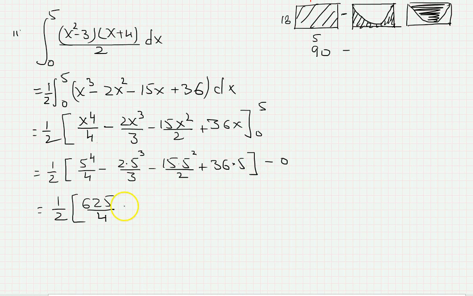This positive value is plus 36, this is 180 minus, now these are negative. 5 cube is 125 times 2 is 250 over 3, and plus 5 square is 25 times 15 is 375 over 2.